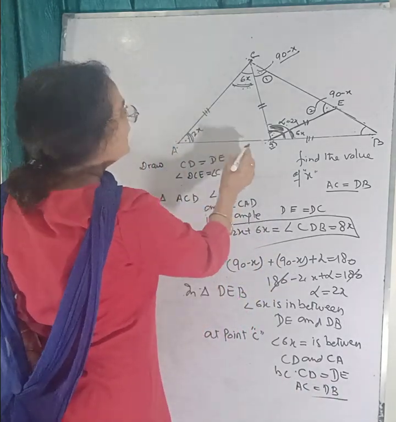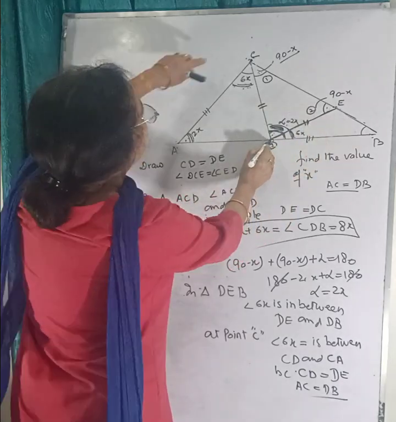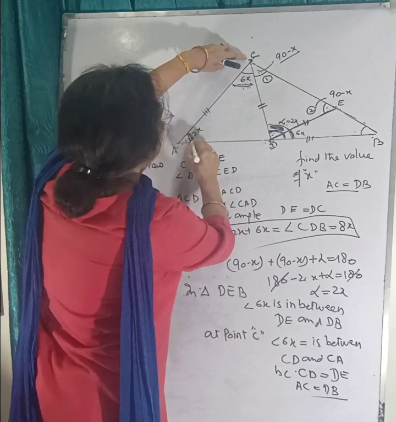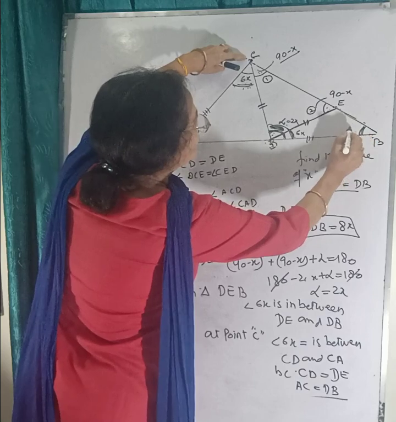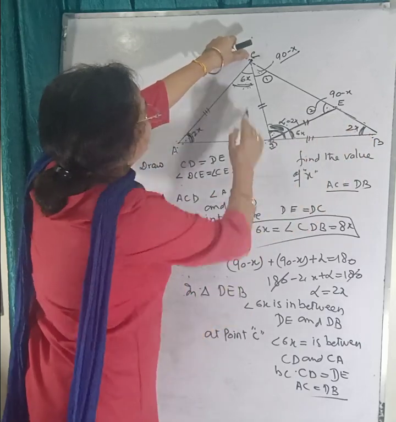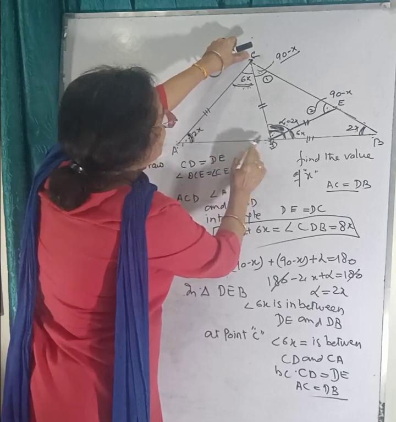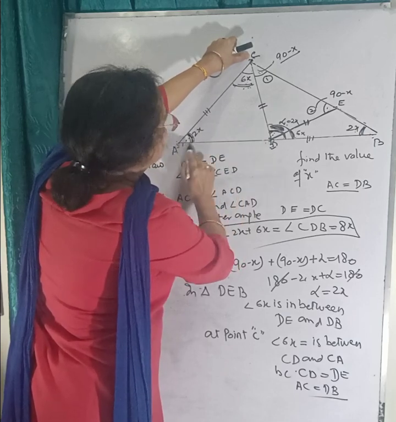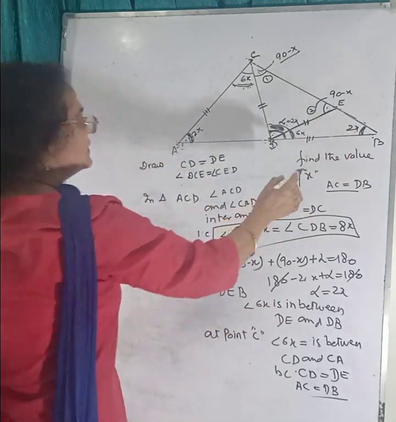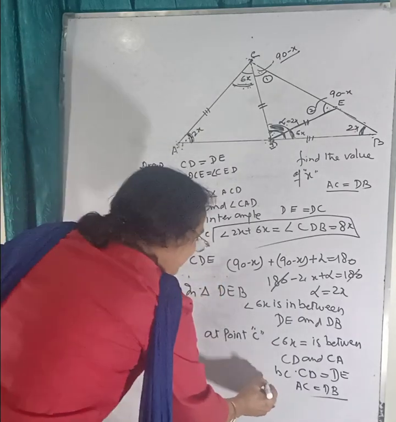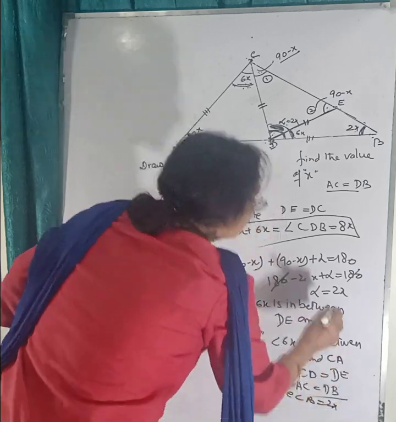It means the third angle, by virtue, will be equal to the angle opposite this point, that will be 2x. This angle will be equal to 2x. इस point पे 6x के सामने जो वाला angle है, वो ये वाला angle हो जाएगा. It means that angle B will be equal to 2x.